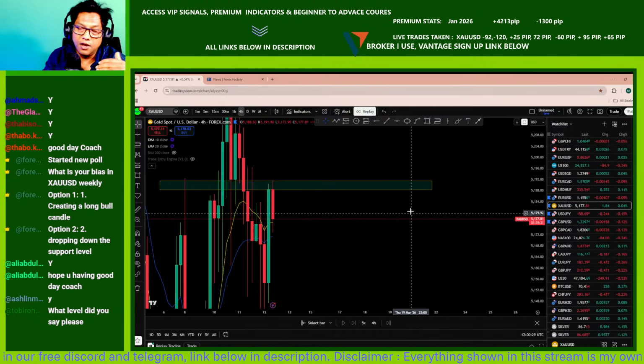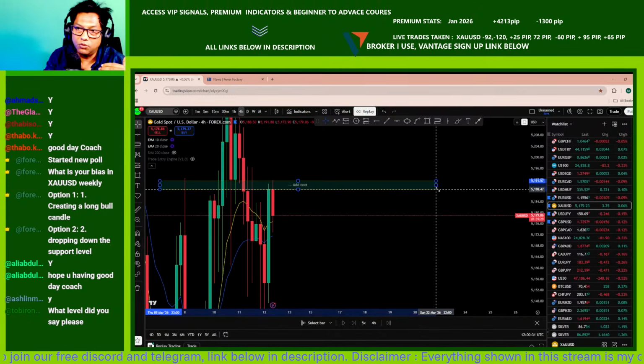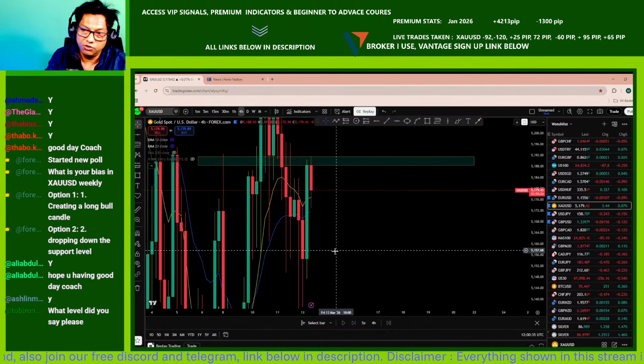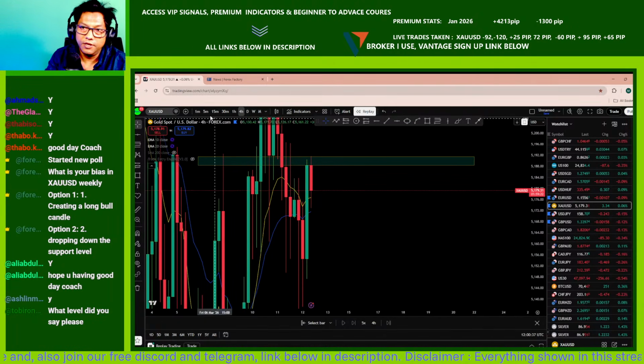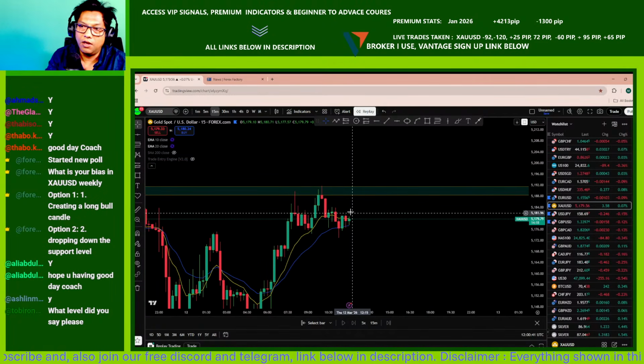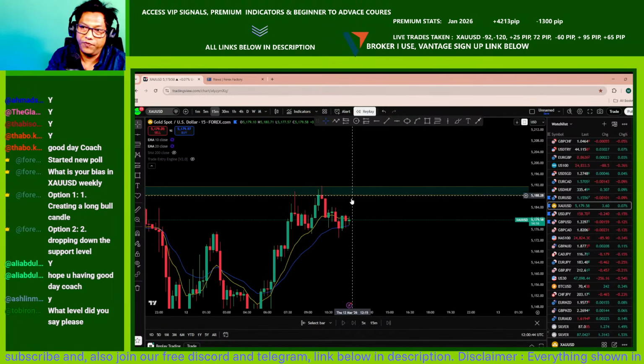So for us to sell, I would like to see the market test this resistance line, because there was a big move here. We will be looking to sell after the market fills this zone here.